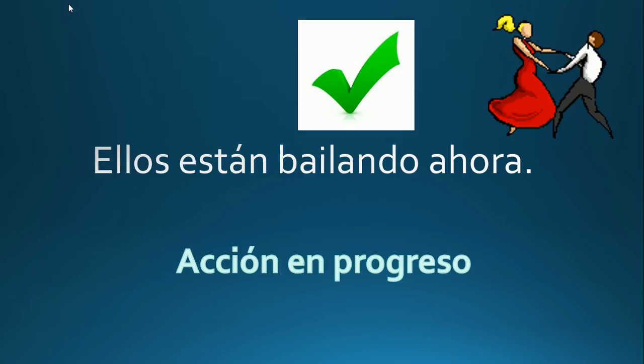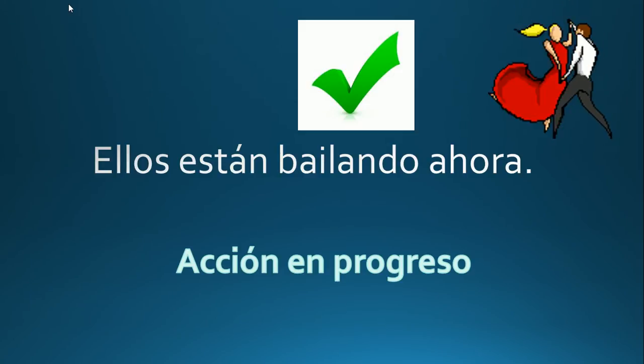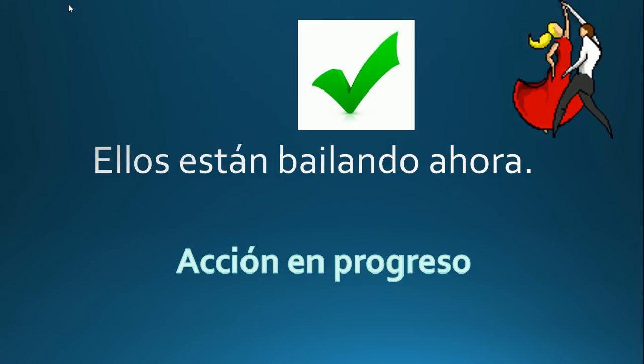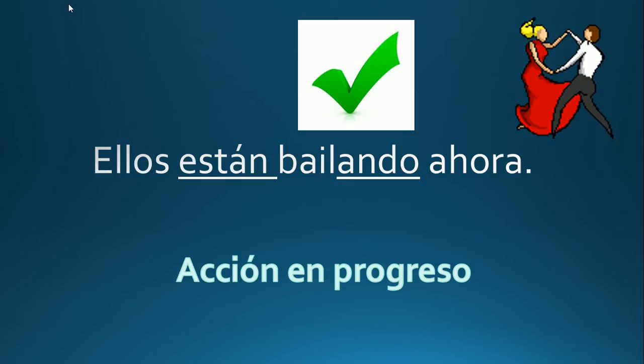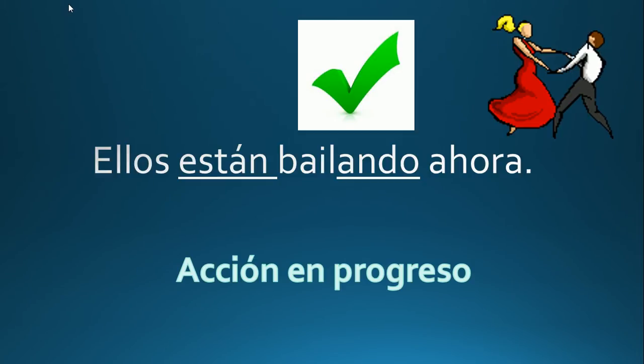So you may remember that to talk about actions in progress, what people are doing at the moment of speaking, we're going to use the present progressive form. So the verb estar, to be, and then the next verb will have ando at the end if it's an AR verb, and yendo at the end if it's an ER or IR verb.